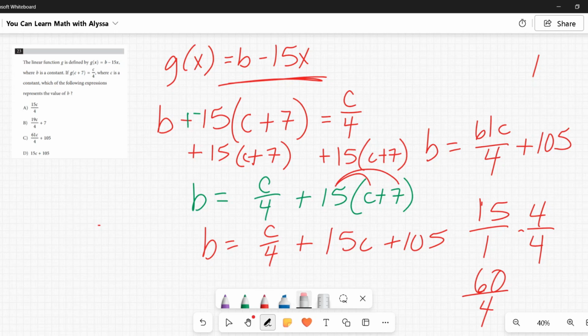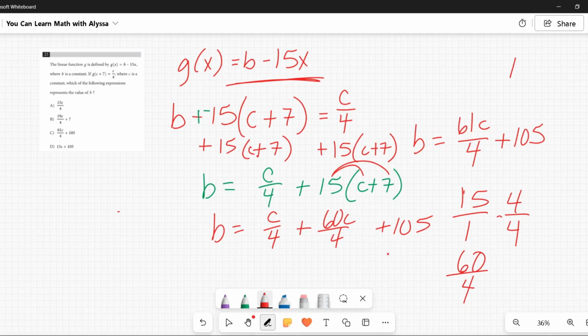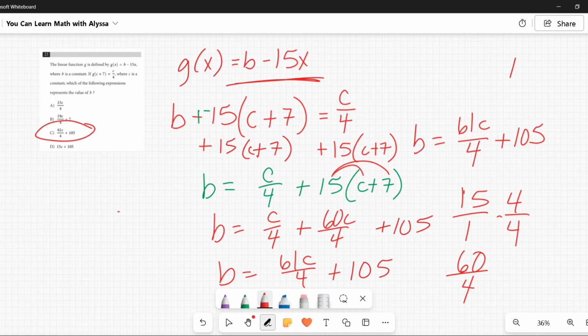So it would be C over 4 plus 60C over 4. You add those together, 1C over 4 plus 60C over 4 equals 61C over 4, and that 105 just stays as it is. So yeah, that also gets you to that same answer.